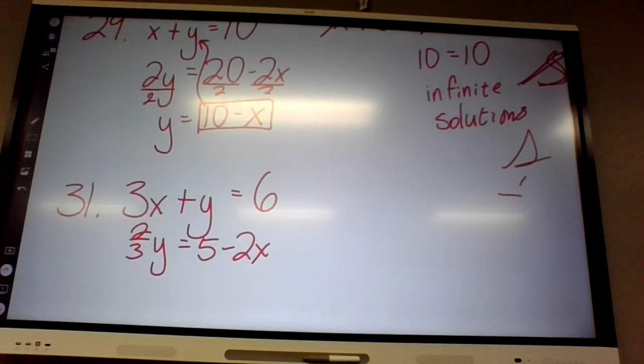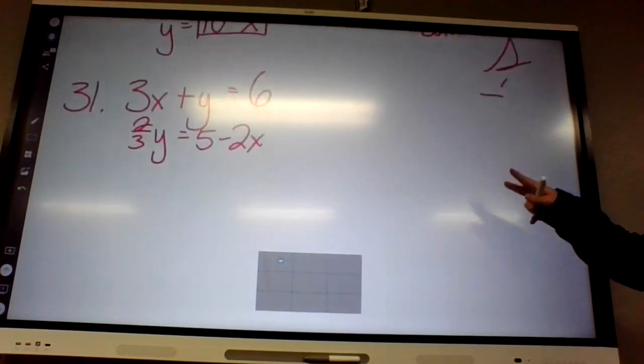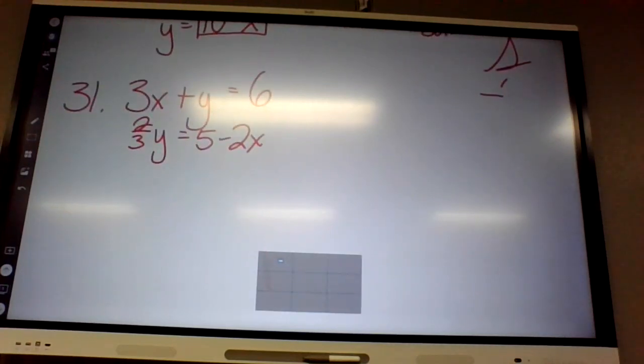Okay, there's more than one way to do it, but what do you guys think? Anybody have an idea? Elimination. What can we do? Times 5 and 2, negative 5. No, you don't want to multiply by 2/3.